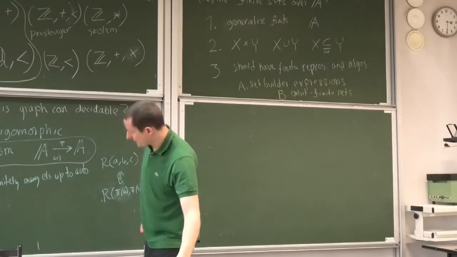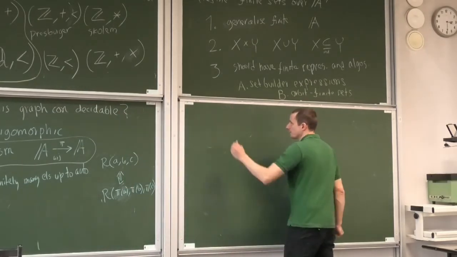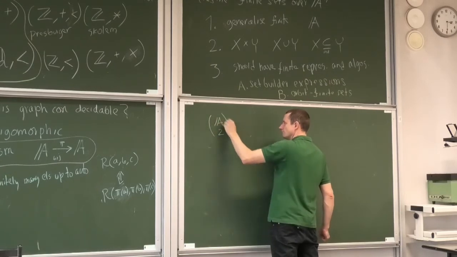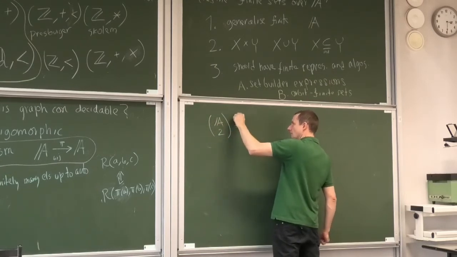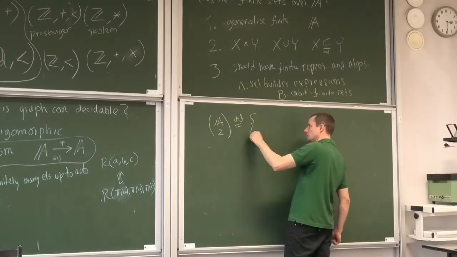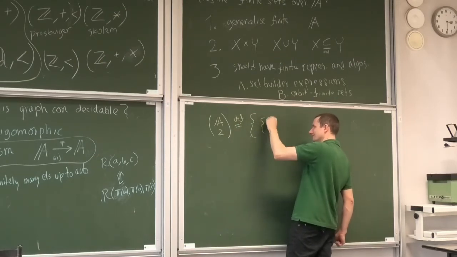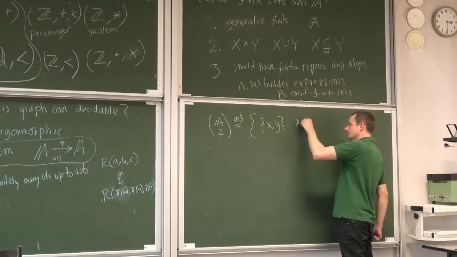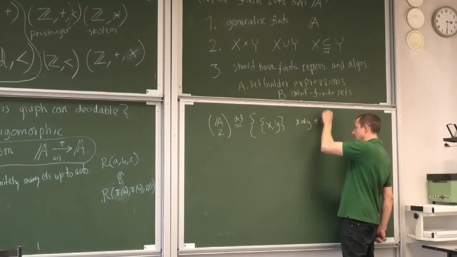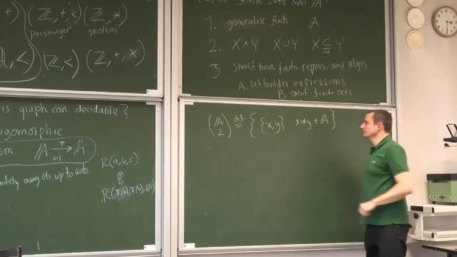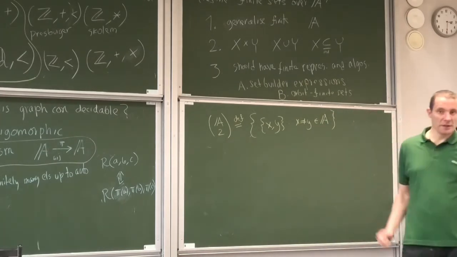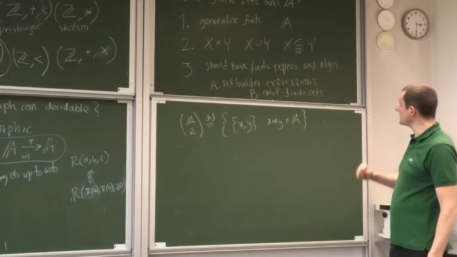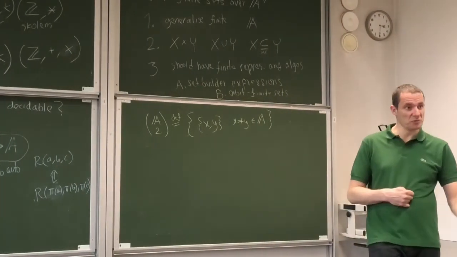Which is this? The family of unordered pairs. Okay? Clearly a set builder expression. So it's set right out, right?